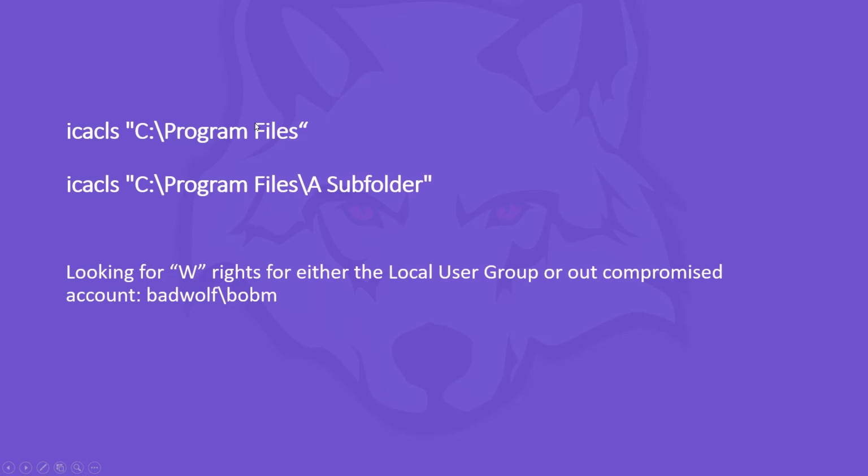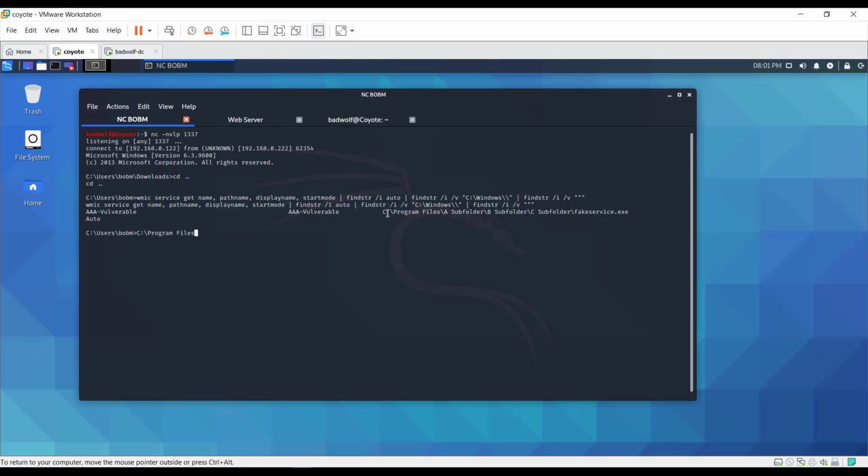Not likely. And then we'll just step through the rest of the folders. So we'll do icacls C:\Program Files\A subfolder. And what we're looking for is W, write rights, to either the local Users group or our compromised account, Bad Wolf\Bob M. So let's jump back to that.